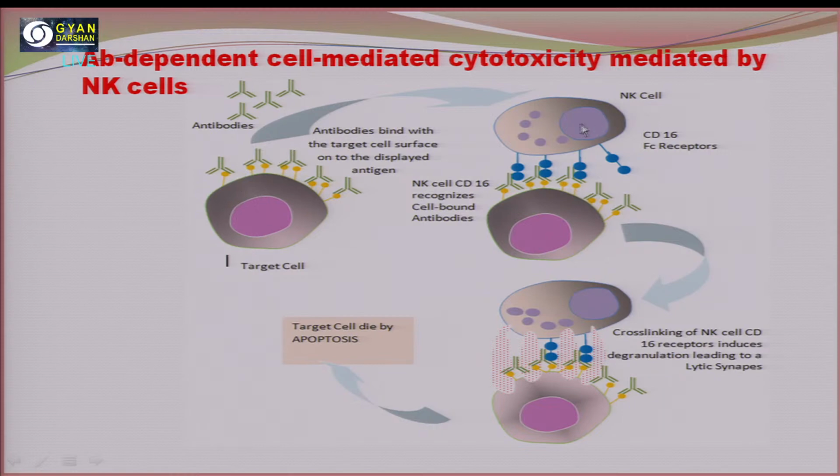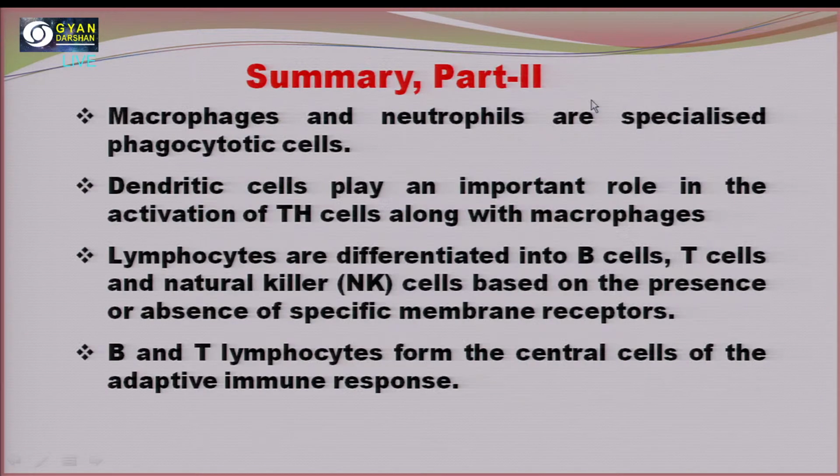Here is the NK cell. The NK cell recognizes it, and ultimately kills the pathogens. So that is known as antibody dependent killing. The antibody is involved in the destruction of the pathogen, so you can say it is antibody dependent cell mediated cytotoxicity by the NK cells.